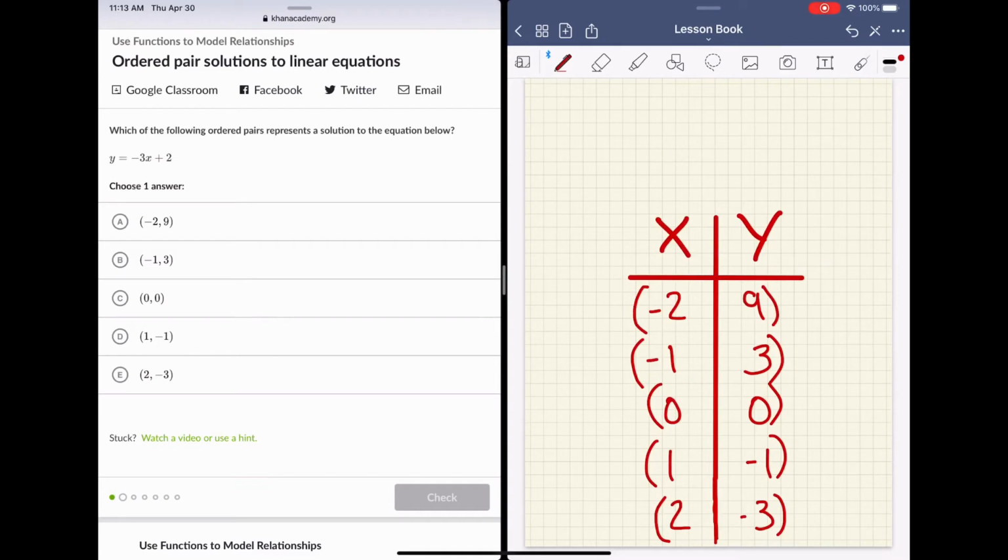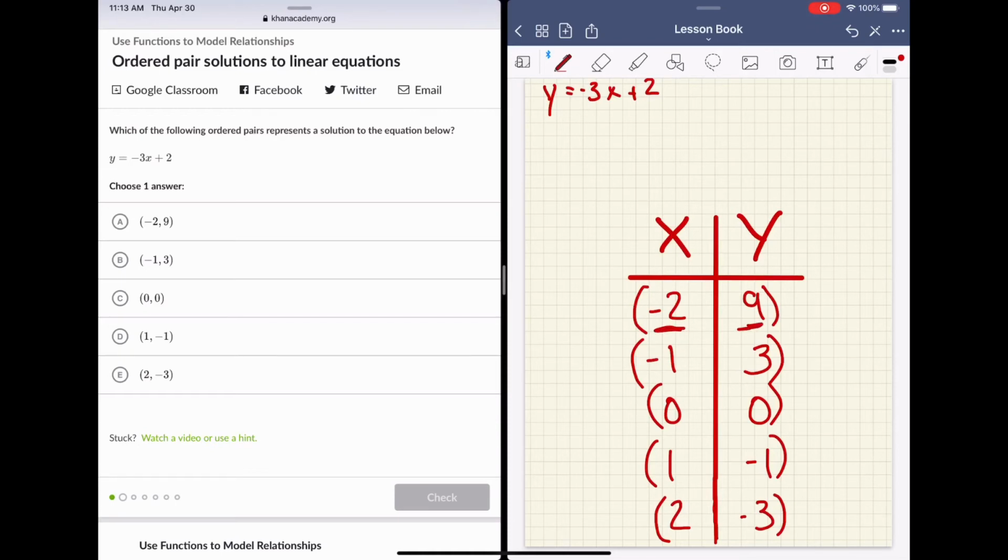Okay, and we want to know if these points are going to satisfy the above equation. So we have y equals negative 3x plus 2. And let's start plugging in our x values. Now you could plug in y values as well and see if that gets you a given x. You could even plug in the x and y value and see if the equation simplifies to a correct answer. And I guess I can do an example of both of those. But first we'll just try plugging in our x and see if we get that y.